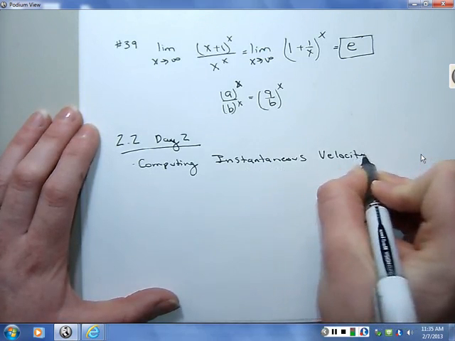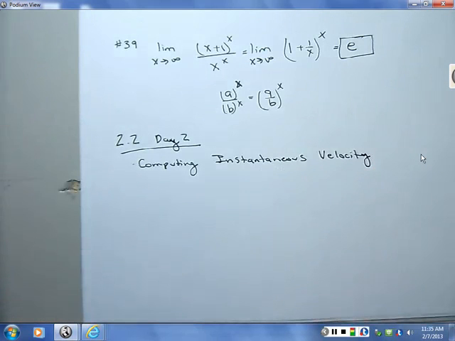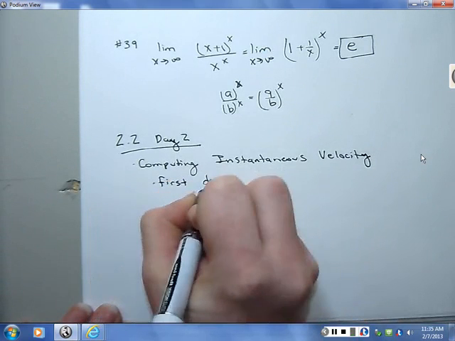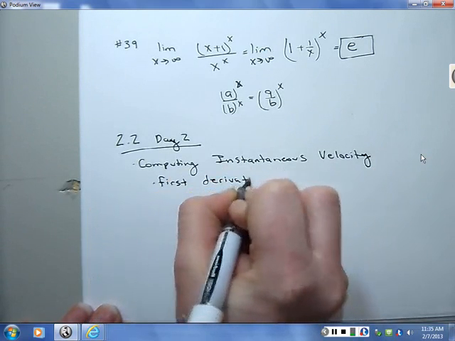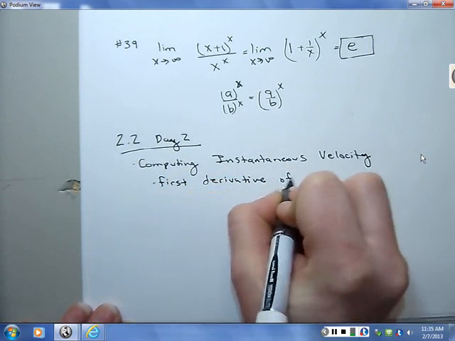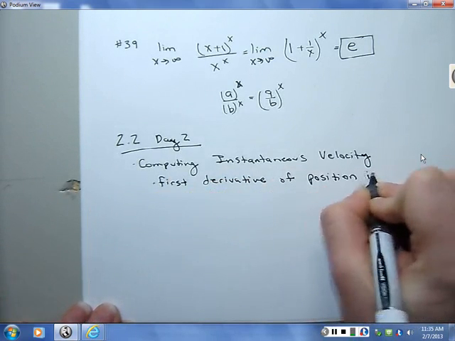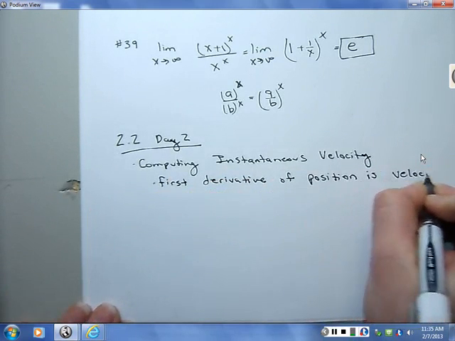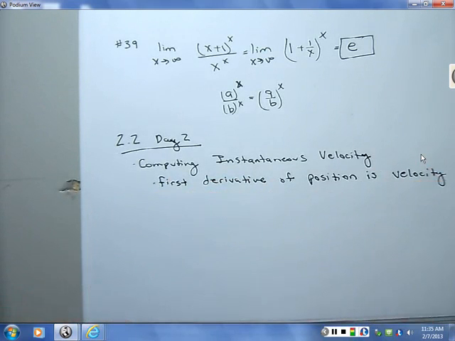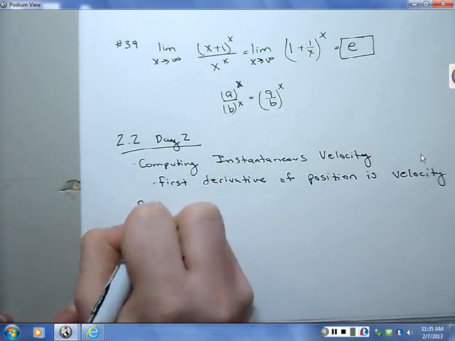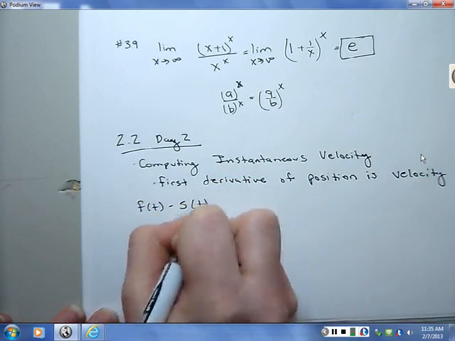Some of the applications in this section, they won't say find the derivative. They'll say find the velocity. So the first derivative of position is velocity. This is very useful in physics. So if I have a position function, and a lot of times your book writes f of t, sometimes they'll write s of t.